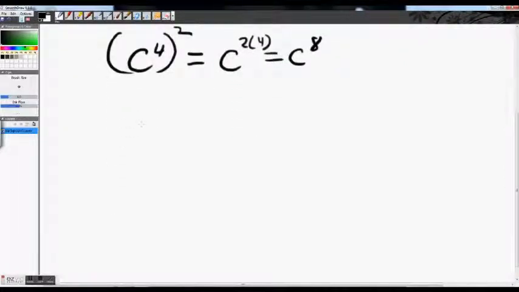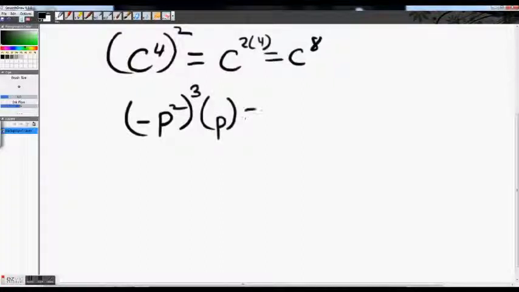We're going to say we have negative p squared, cubed, times p. Well, let's go ahead and simplify the first term first. Negative p squared cubed: we have negative p squared times negative p squared times negative p squared.